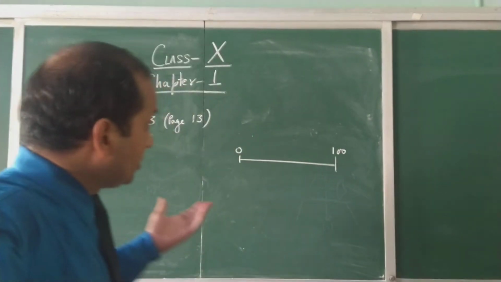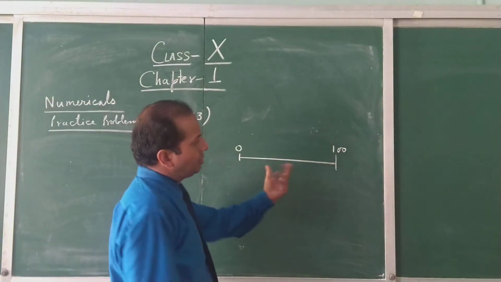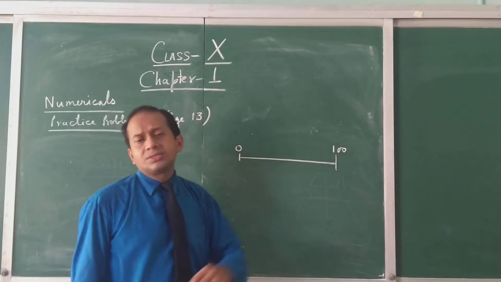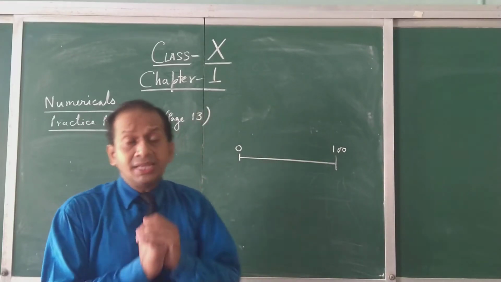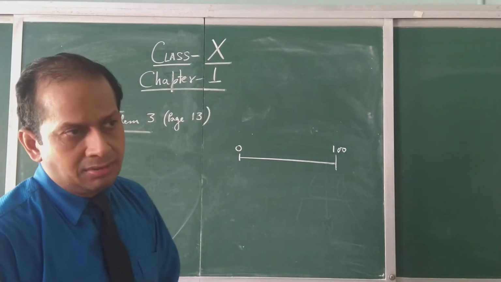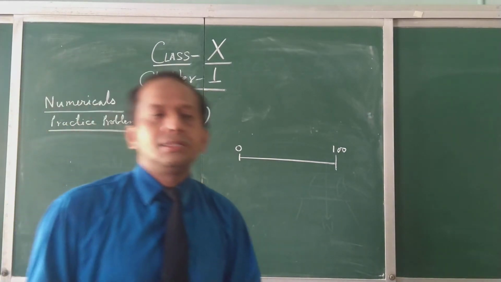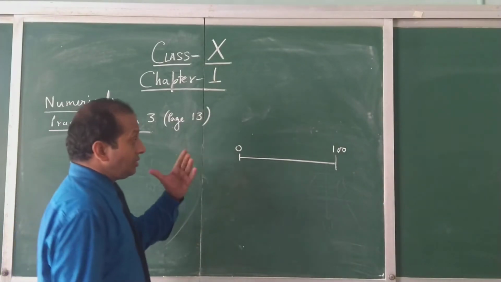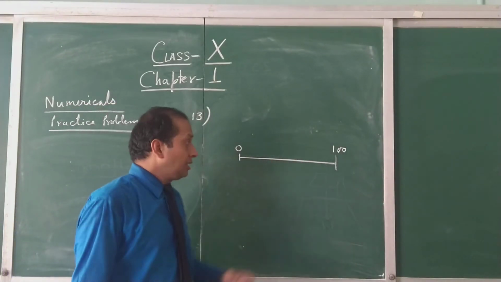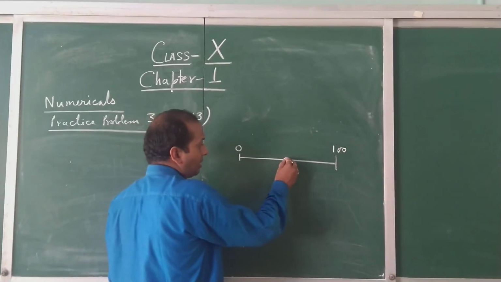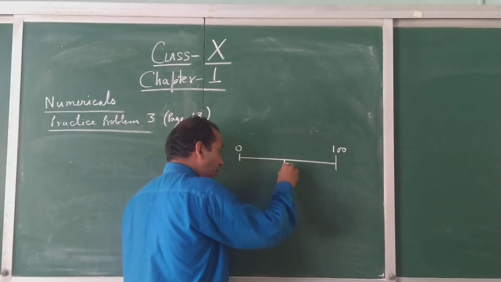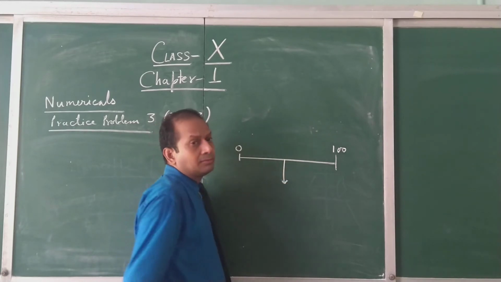I can also say meter scale, 100 centimeter length. Why are we saying uniform meter scale? There is a reason behind it. Here, the center of gravity is at the midpoint of the meter scale.